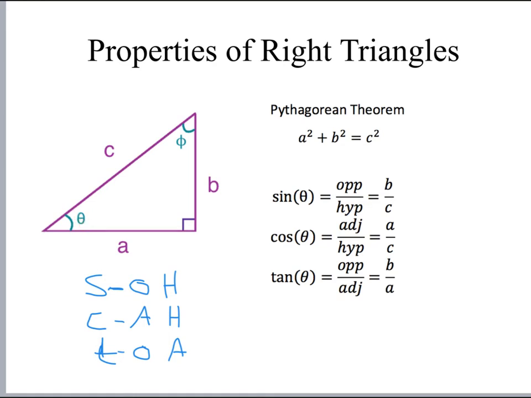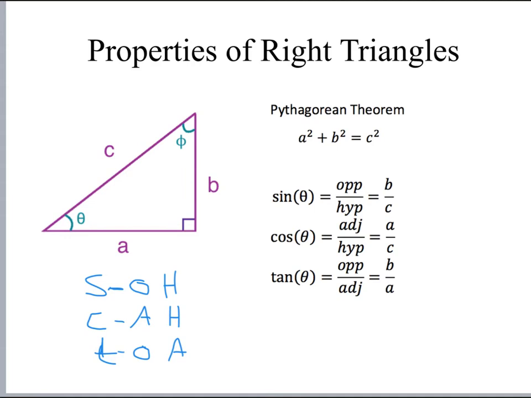So what that means is that if you have the angle phi, your sine and cosine are going to be backwards. In fact, you have to be very, very careful when calculating these. Here is my advice. Whenever you have to use trig, take a second, draw the triangle and look at where the angle is, figure out what's opposite, what's adjacent, what's the hypotenuse, and apply your trig that you know.